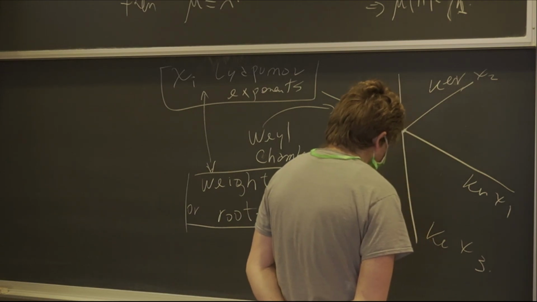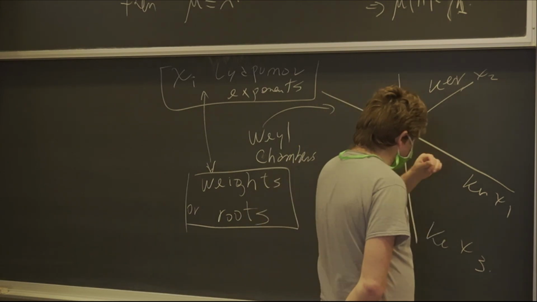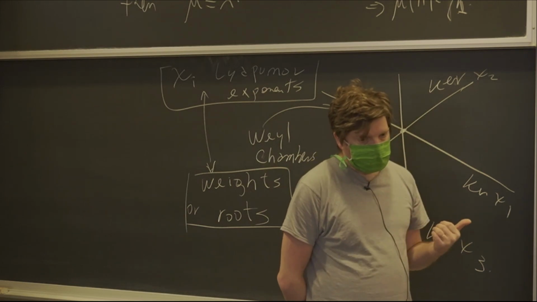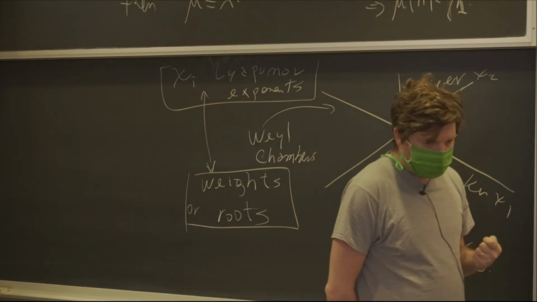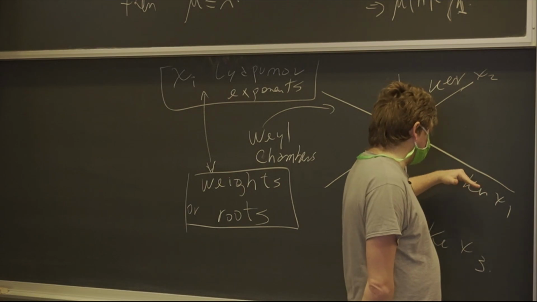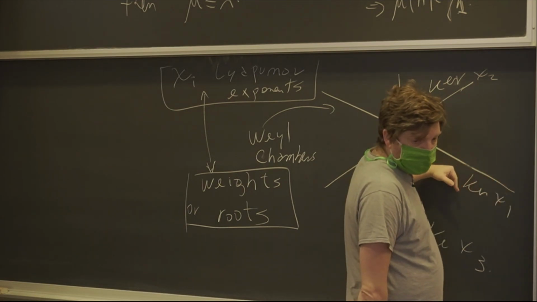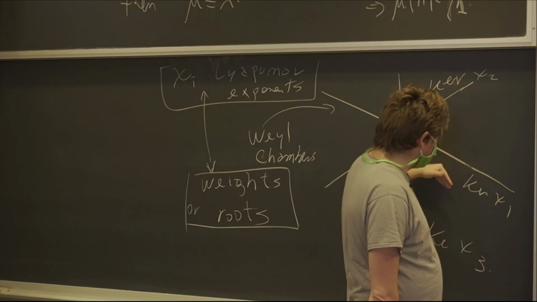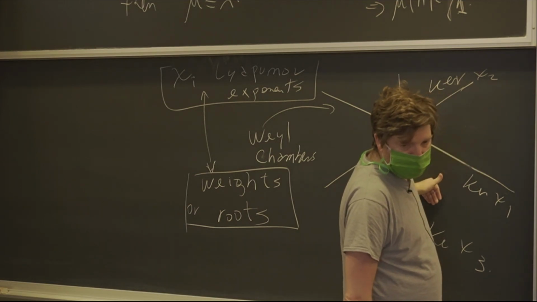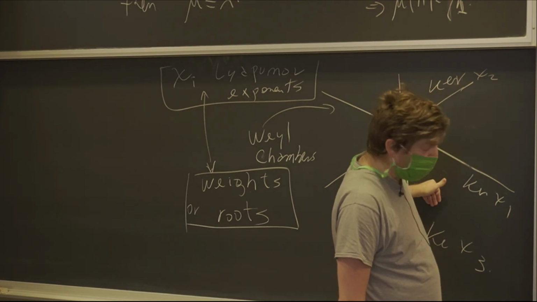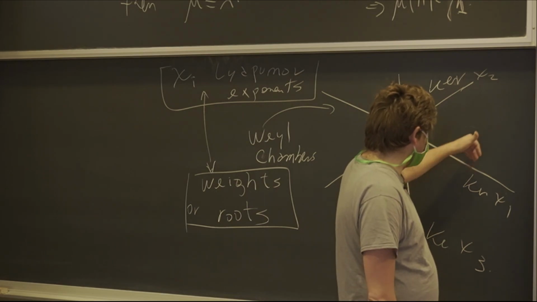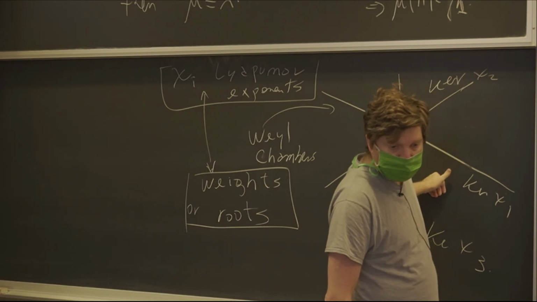Okay. Now, when it comes to understanding these functionals, there are two very important things about a functional. There are more than two, but at least these two. One is the kernel, which tells you where the functional is 0, and then each half space is either the positive half space or the negative half space. So the second piece of information, which is crucial, is which is positive and which is negative.